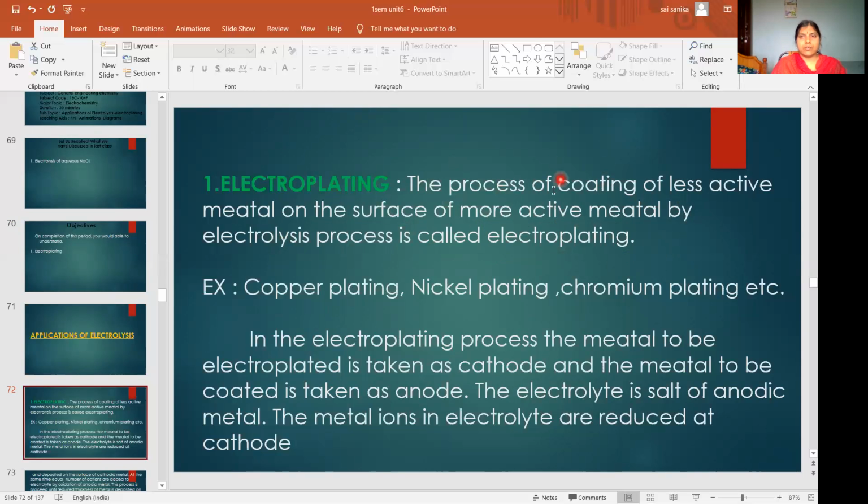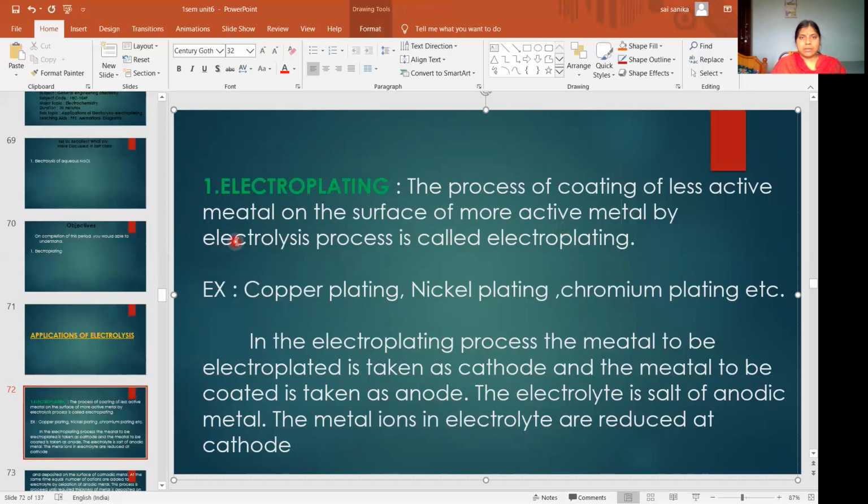We are depositing a metal over another metal. We are coating a less active metal on a more active metal by electrolysis. By electrolysis, we are coating one metal over another metal. That process is called electroplating. By electrolysis, we are plating the metal, so that's why this process is called electroplating.